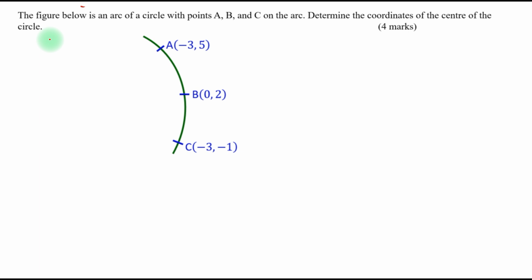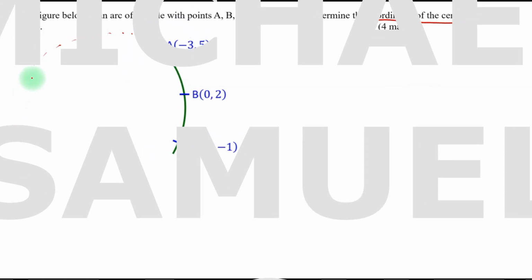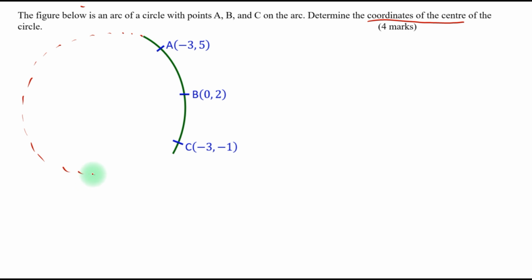I want you to be aware that this is an arc of a circle, and therefore the key thing we are going to find is the coordinates of the center of the circle. If we extend this arc, it will form a circle which will have a center at that particular point. So we need to find the coordinates of the center.